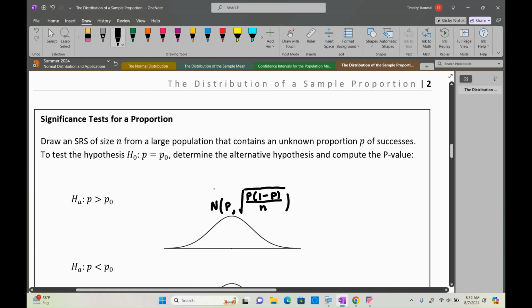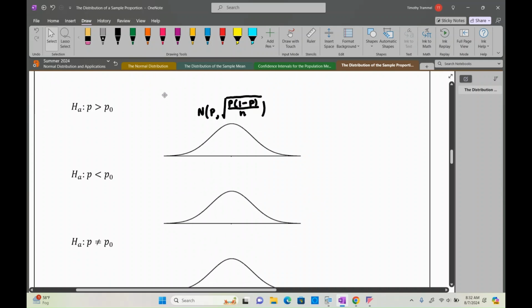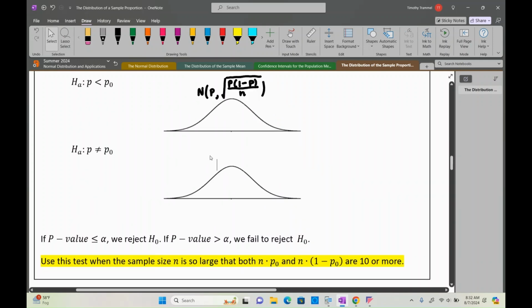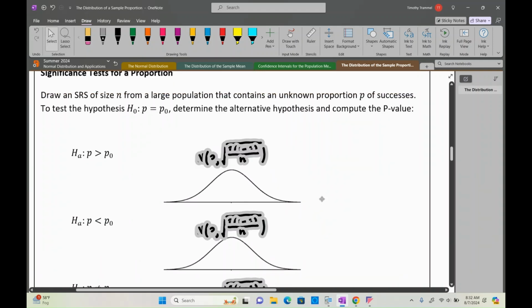Okay, so this is the normal distribution that we would be looking at. And I think I want to put this on all three pictures here real quickly. Let me see if I can just copy this. There we go.